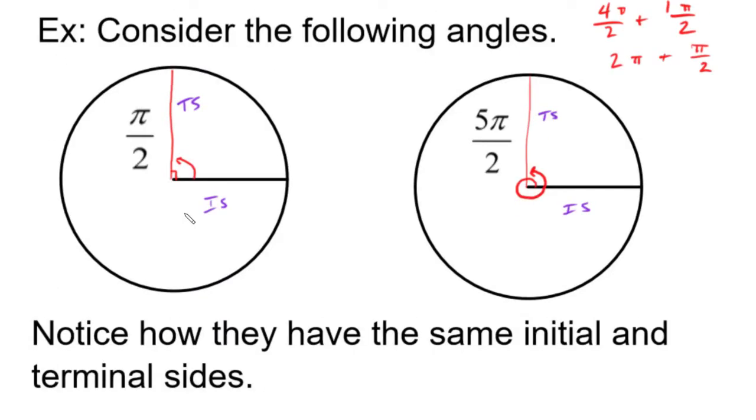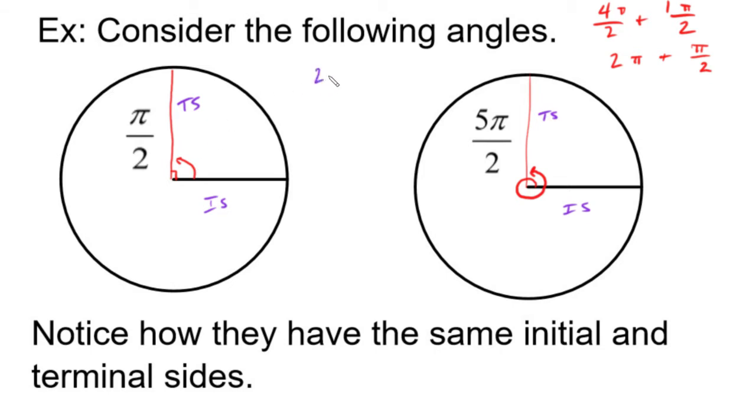And that should make sense because this is the example of if you took an angle and you added 2 pi to it, you would get 5 pi over 2. And it's the same exact angle in appearance, but not in actuality. On the other hand, if you took pi over 2 and subtracted 2 pi from it, you'd be going negative.